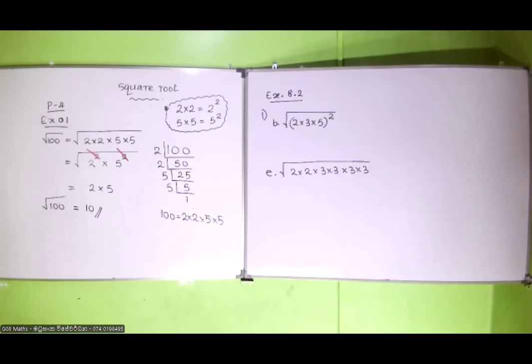D or E? B and E. Simple E. Part 1, part B and E.